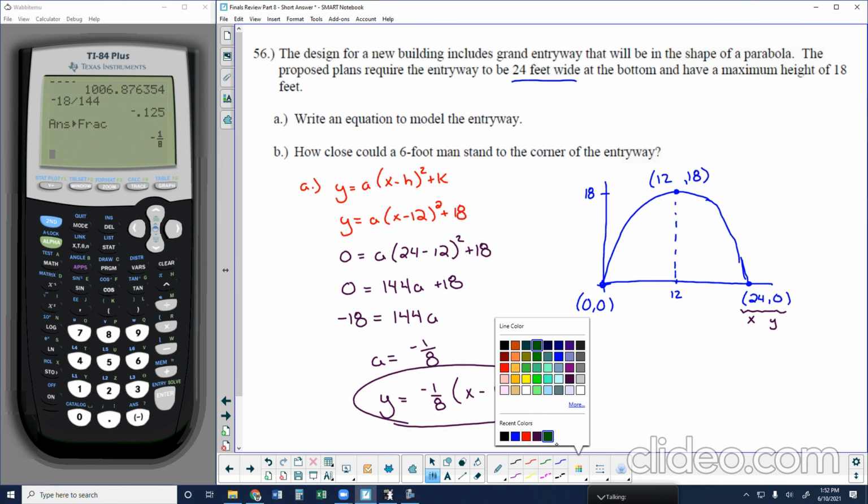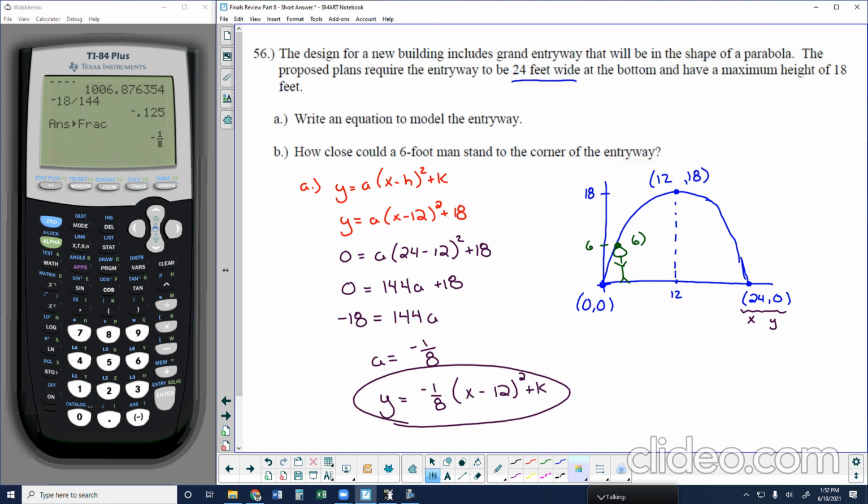I also need to figure out how far away a 6-foot man could stand from the corner. He could stand at either place. He could stand here, and if he's 6 feet tall, the y-coordinate is 6, and we need to find the x-coordinate. Or he could stand on the other corner, same concept. The y-coordinate is going to be 6, and we would find the x-coordinate at that location.